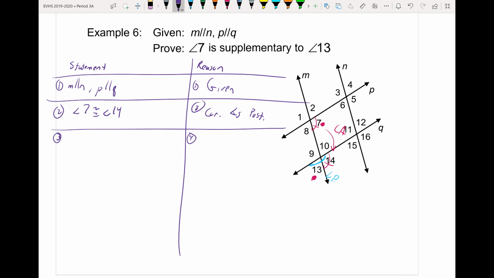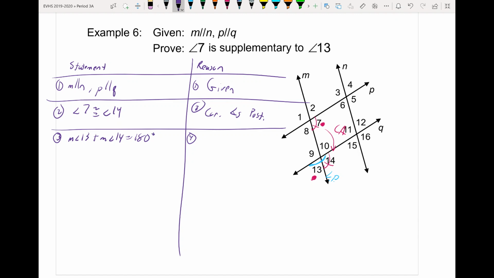All right. Then we wanted to say that, okay, but first we've got to establish, I guess, okay, no, I'll allow it. Okay, so measure of angle 13 plus the measure of angle 14 equals 180 degrees.